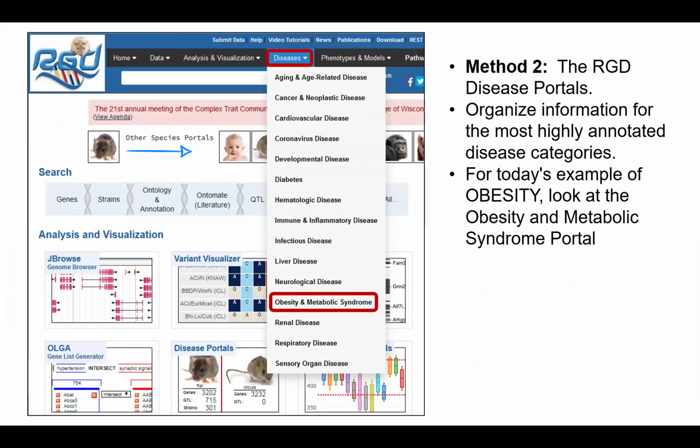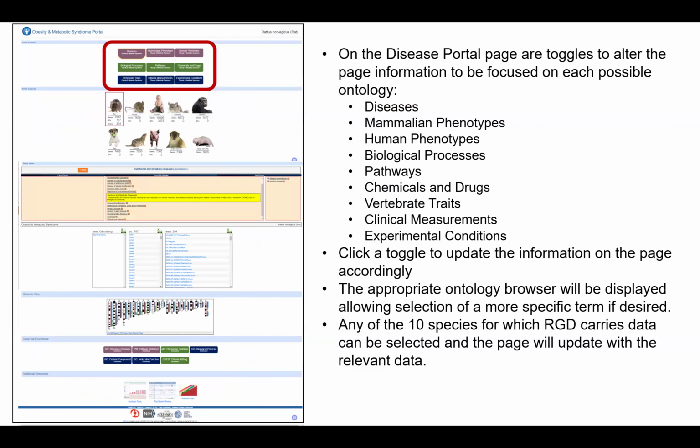So method 2 is the RGD disease portals. These organize information for the most highly annotated disease categories. There are actually 15 disease categories. And since we're talking about obesity today, we're going to look at the obesity and metabolic syndrome portal. On the disease portal page, there are toggles or buttons to alter the page information to be focused on what you might be interested in.